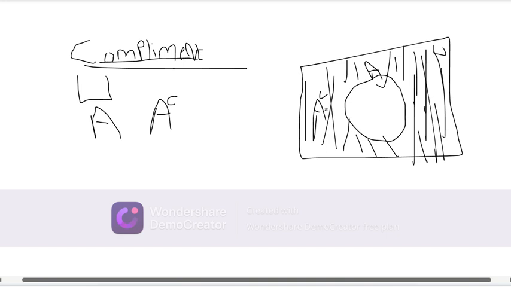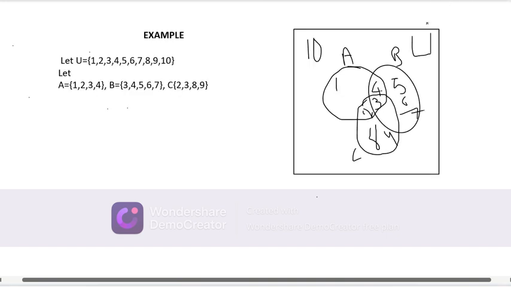Now, this same complement is the one that usually confuses people, especially when they phrase it in sentences. But it's not that hard. We are going to do an example, going back to the same example that we used last time. If we say, what is A complement? What are the elements that are not in A?